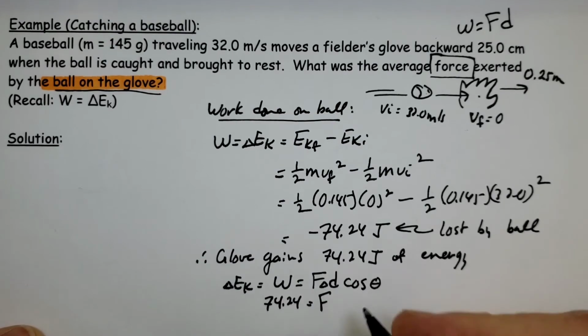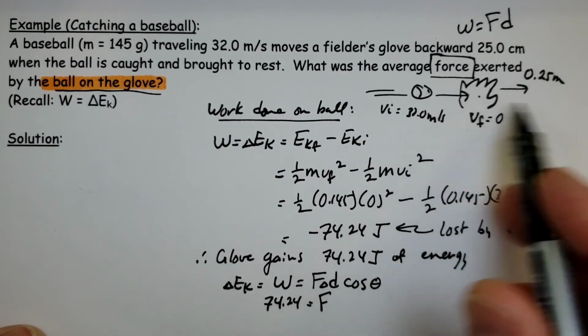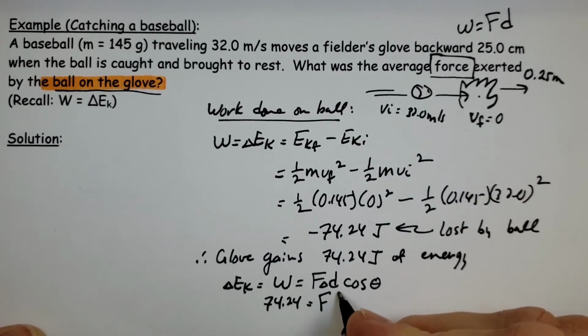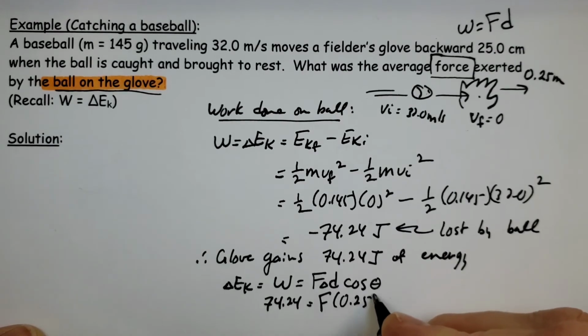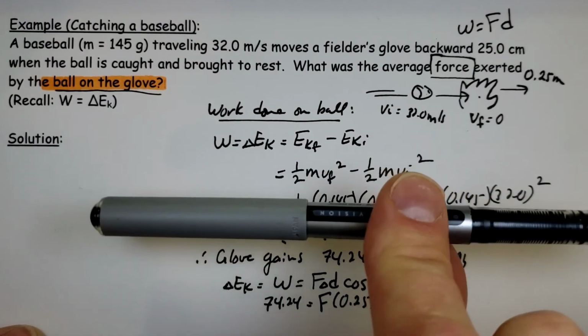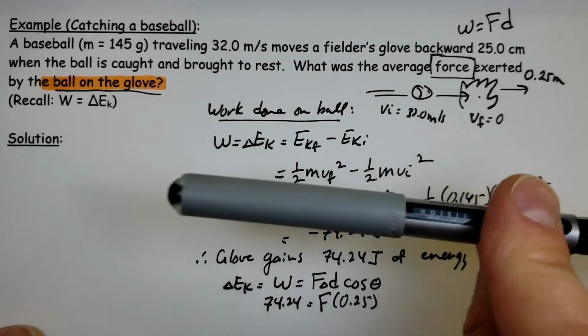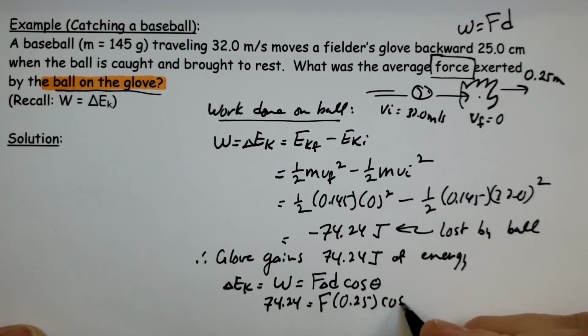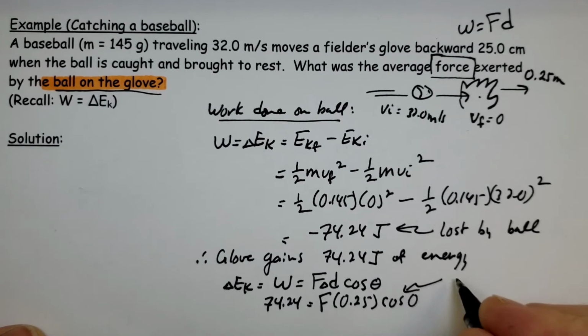So looking for F, d, we're told that the glove moves back 0.25 meters. And the glove is moving back this way. The force is that way, so it's the cos of 0, and of course we know the cos of 0 is 1.